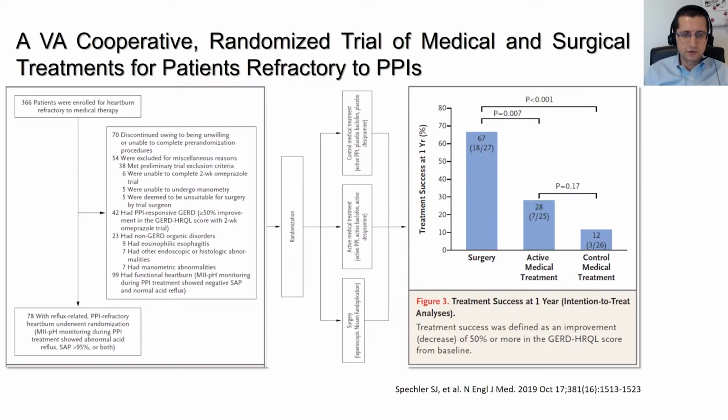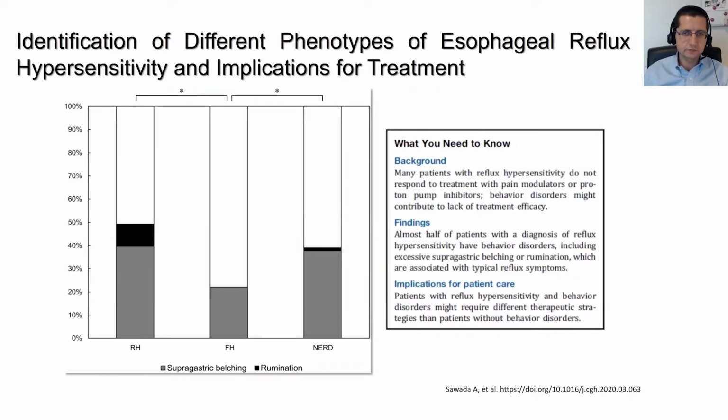This, of course, is a landmark study because it provided the evidence and the strength that impedance pH testing is able to stratify patients who are refractory to PPI, to medical treatment, and of course, provided evidence that the surgical therapeutic approach in these patients can be feasible and can be recommended.